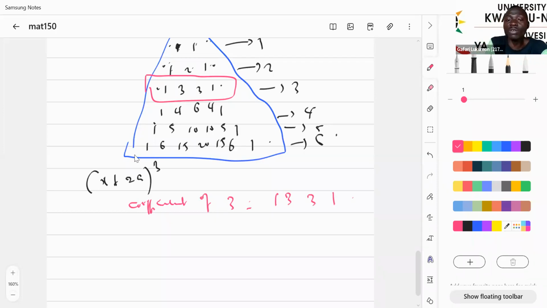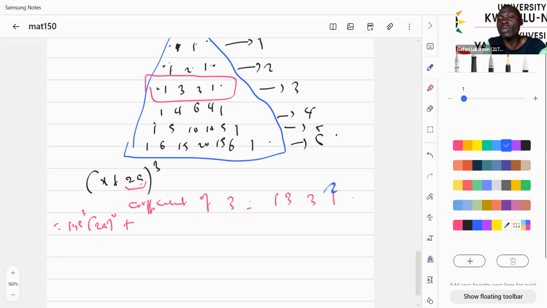You write the first coefficient. This will give me 1 times, I hope you understand now, then you have your x. Your x will start from the power, that is 3. Then the second term will start from 0. Even if you have 10 here, the first term will start from 10 and the second will start from 0. Then you have x cubed, 2a raised to power 0.